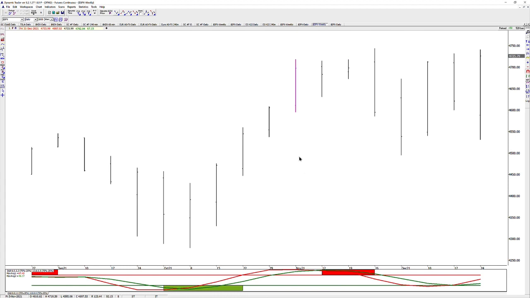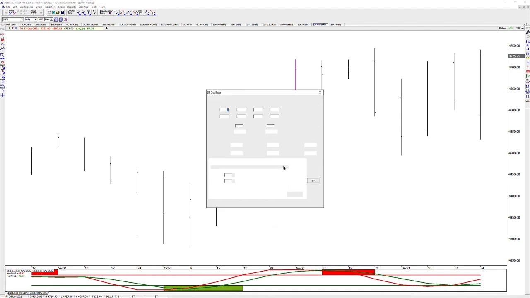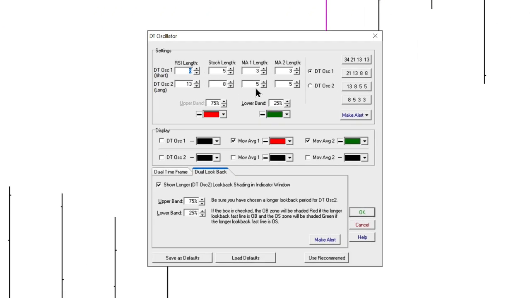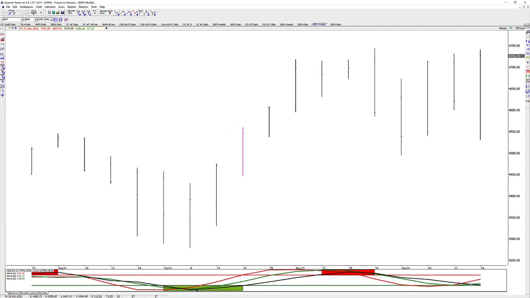So for instance, let me add the line in for the 13 fast line. I can check on oscillator 2, that's 13, and the moving average 1, that's the fast line of the 13. So it's black.